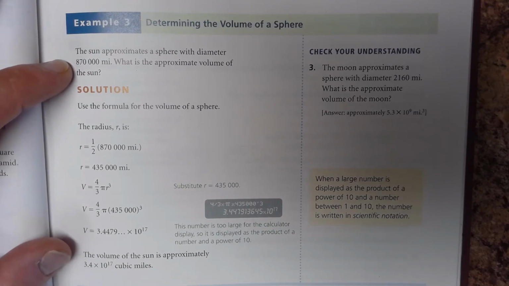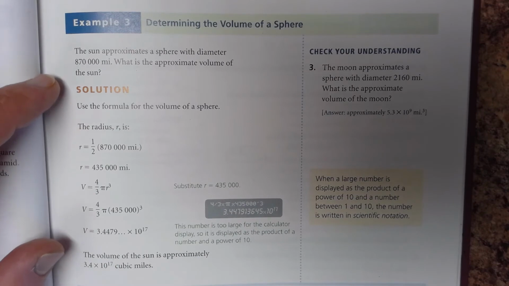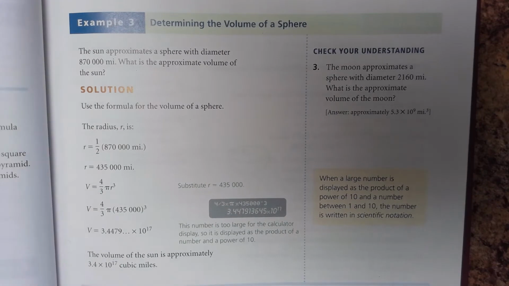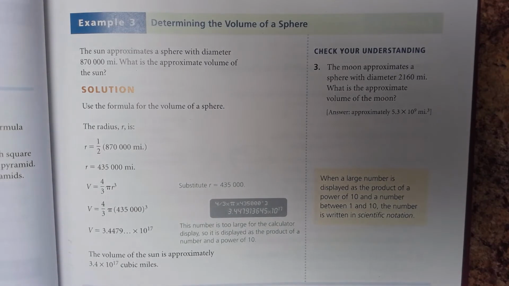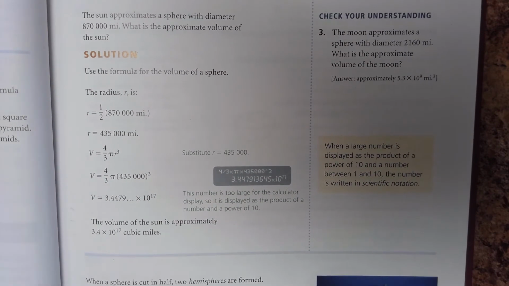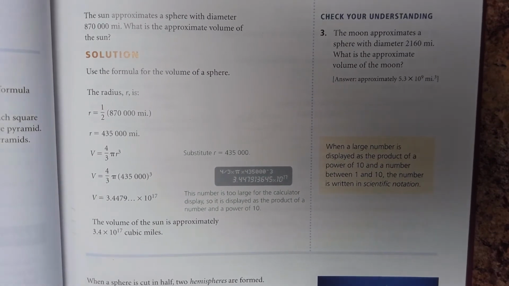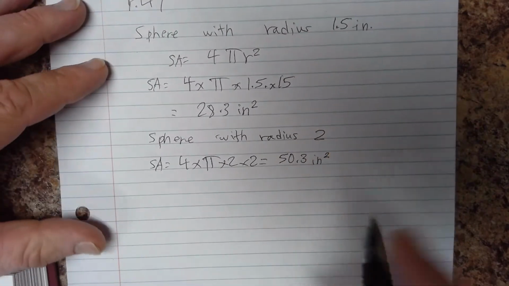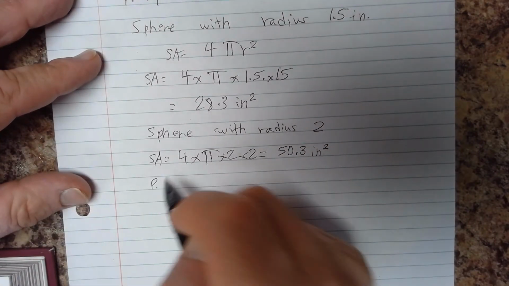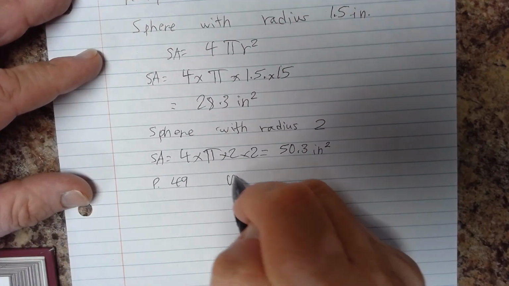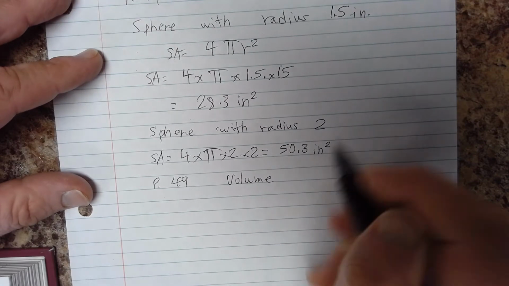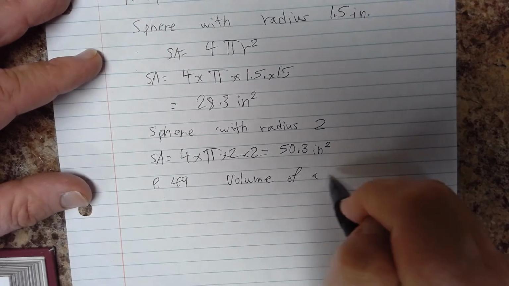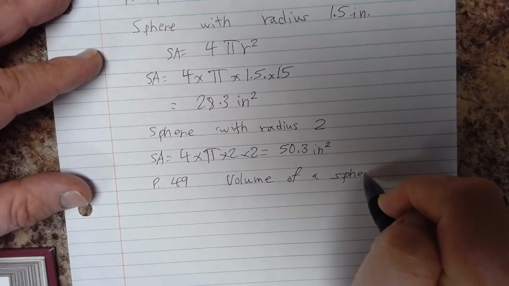Well, first of all, half of 870,000. Let's get the sheet under here. Page 48, 49, volume of a sphere.